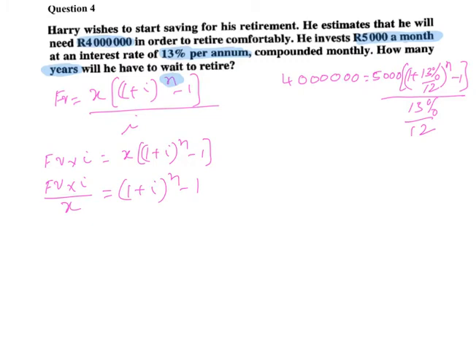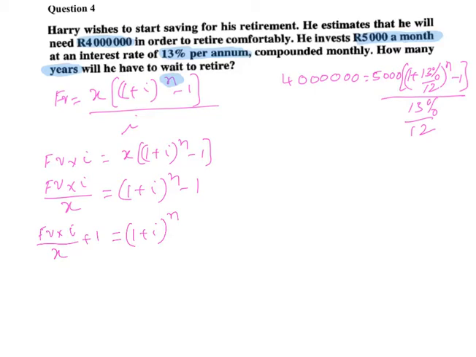So now I have to make n the subject of the formula. What I'll do here is transpose the 1, so negative 1 will become positive 1, and then 1 plus i to the power of n. To make the exponent the subject of the formula, what must I do?